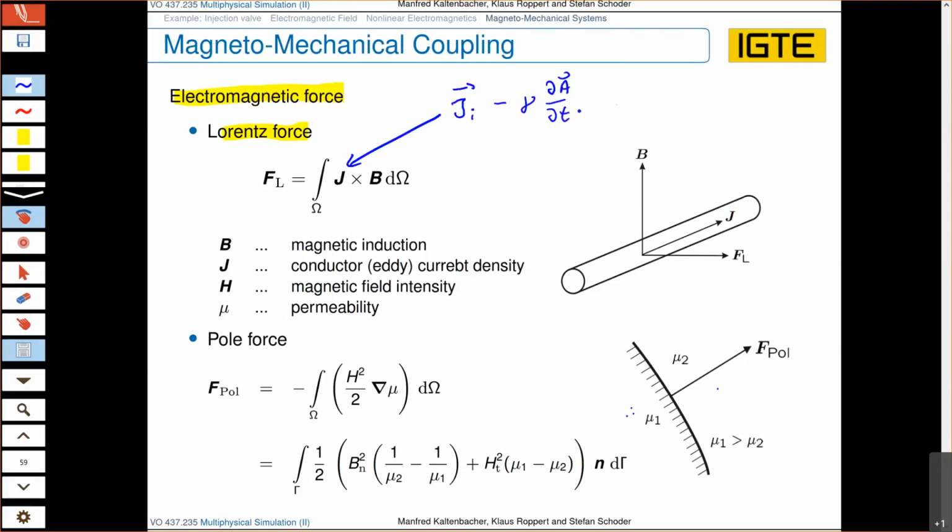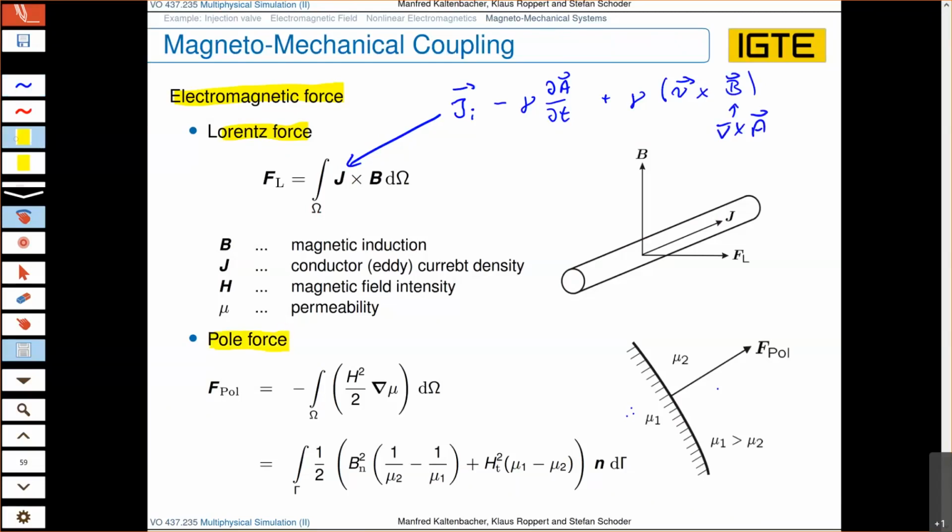So it could be, for example, an aluminum plate within a magnetic field, and it could also be due to moving. So we can also have here the term J, a moving body with velocity v being conductive with conductivity gamma, cross product with B itself, where we again know that we express B by the curl of the magnetic vector potential.